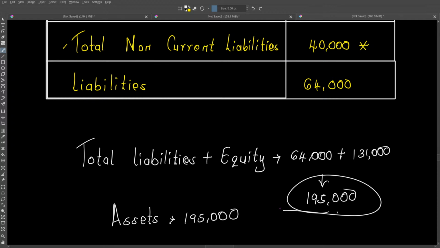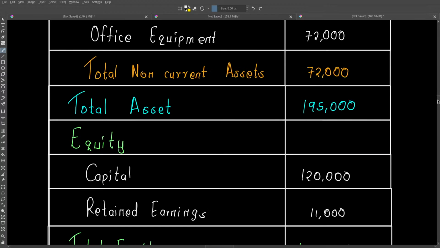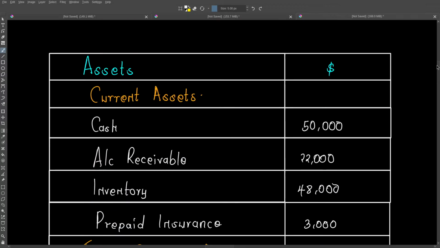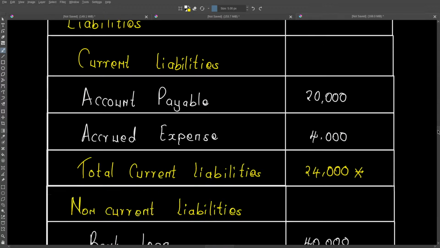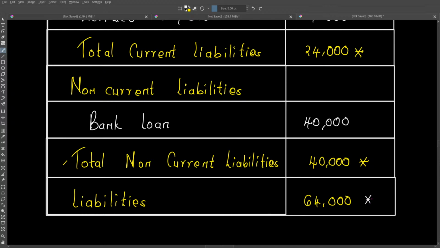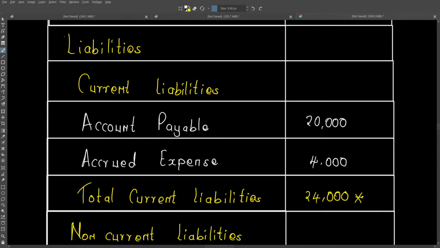To make sure your statement of financial position is correct, remember you have to see that the assets, which here were 195,000, are equal to the liabilities plus equity. Our liabilities are 64,000 and our equity is 131,000.